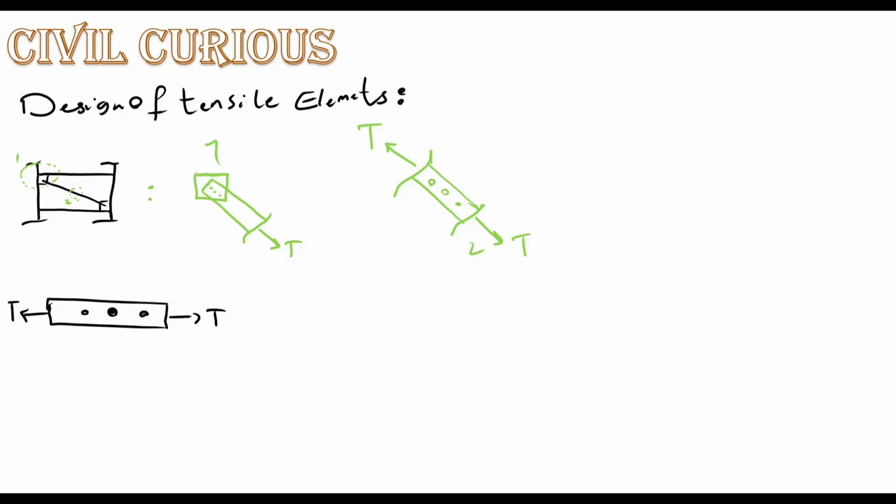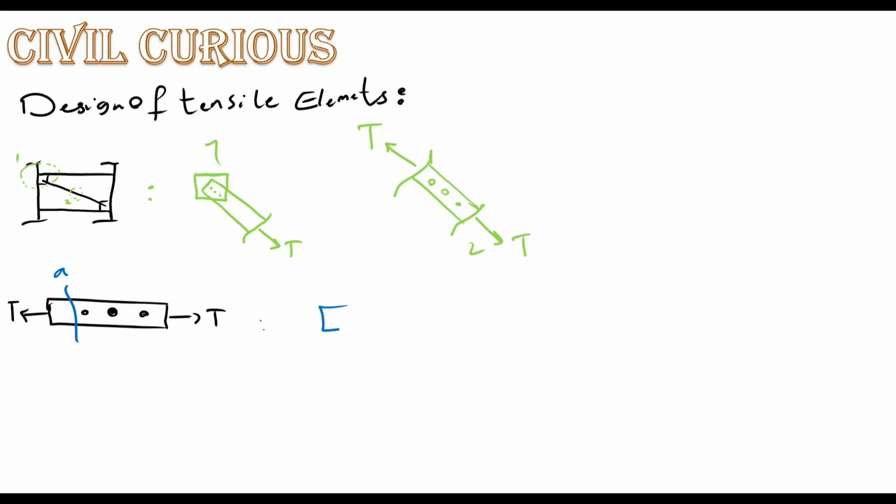Be careful that there is not any bolt here. And the way for calculating tensile force is, for example, I want to make a section cut here and name that A.